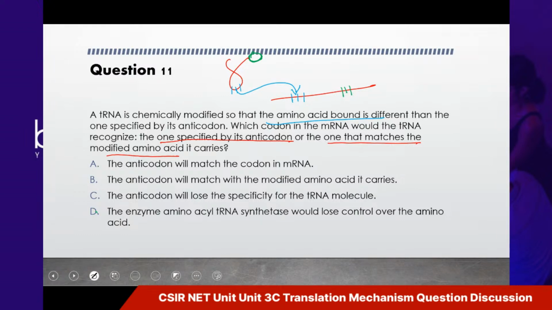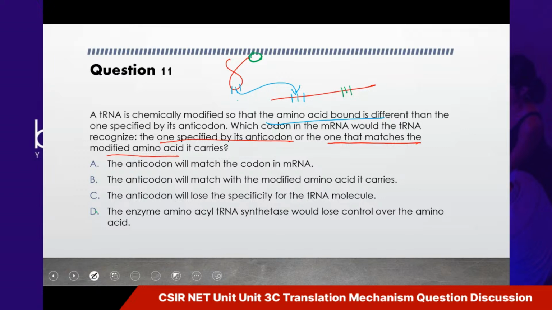So codon and anticodon matching in the ribosome has a simple criterion: the codon pairs up with the anticodon. Because of that, if a wrongly acylated tRNA enters the ribosome, then the amino acid entered in the polypeptide chain will be wrong. The ribosome cannot check anything; it can only check whether codon-anticodon pairing is happening or not.